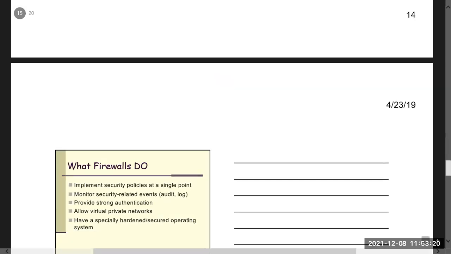Now we say that a firewall sits between the public and private network, and we use it to restrict the access of malicious activity.